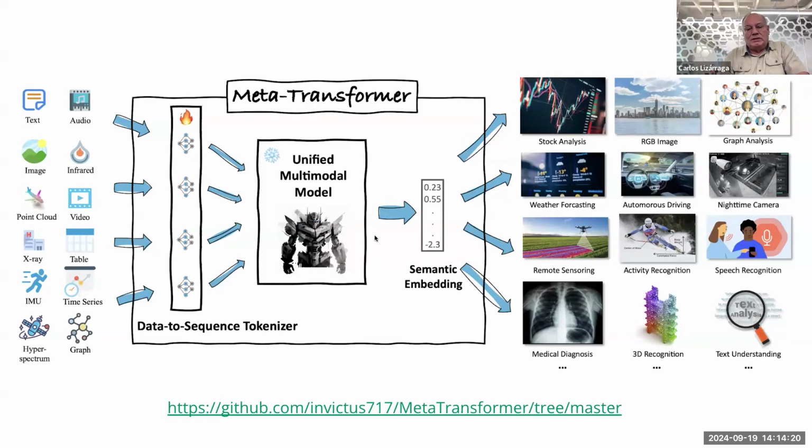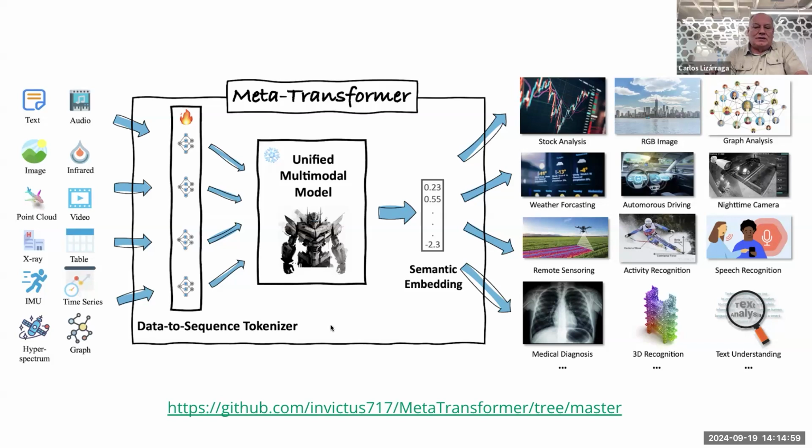And then, depending on the context, the output can be a stock market analysis, an RGB image, a graph analysis, weather forecasting, autonomous driving vehicles, information from an infrared camera, remote sensing, recognizing activity, speech recognition, medical diagnosis, 3D recognition, or understanding some text.